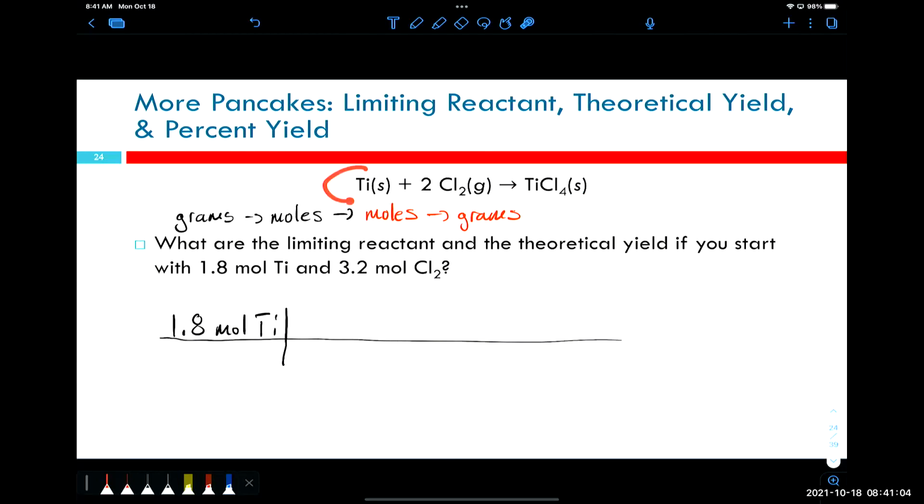So going from titanium to titanium chloride, they both have a coefficient of 1. So then we can write out 1 mole of titanium for every 1 mole titanium chloride.